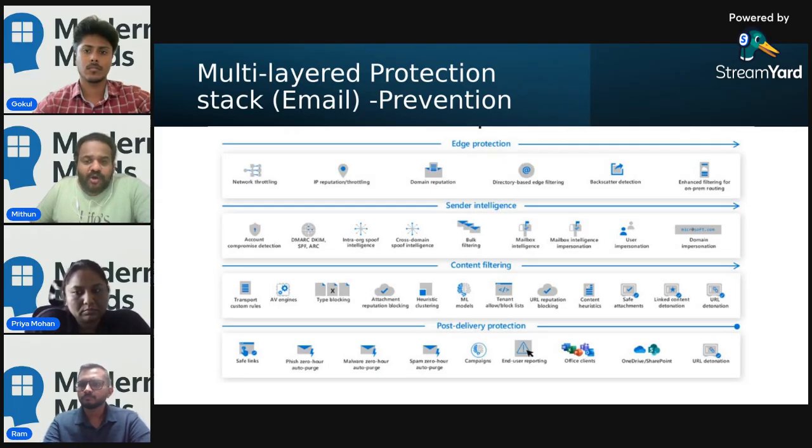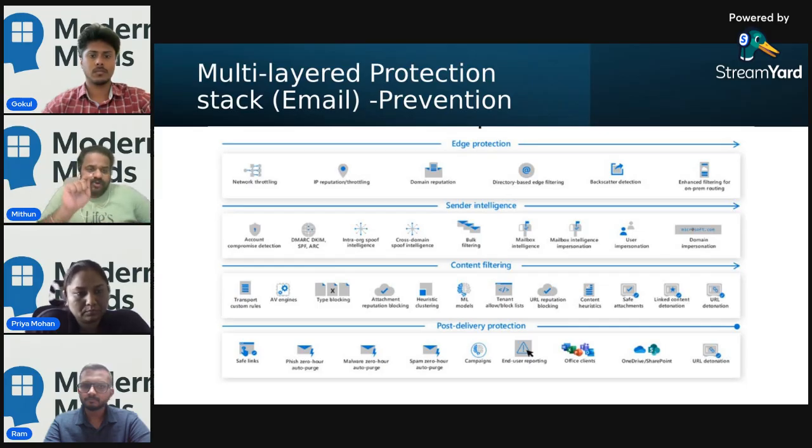And URL reputation blocking is similar to file reputation blocking. If you find the URL reputation is bad based upon the previous detonation, so I'll give you an example here. Today you receive an email with a URL that gets delivered, but after it gets delivered, it might be weaponized by the attacker. When it gets weaponized, by the time you click the URL, we will do time of click protection.